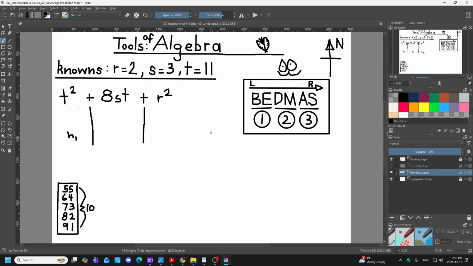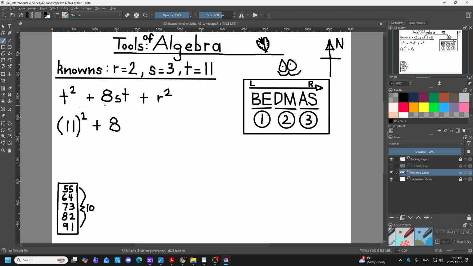Let me show you. First, we're going to substitute. So wherever you see the letter T, substitute that whole number value. In this case, it is a whole number. I am going to use rounded brackets or curved brackets. Don't forget your squared plus our whole number 8.